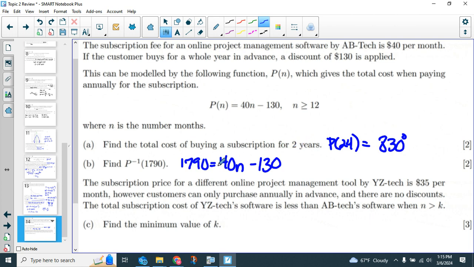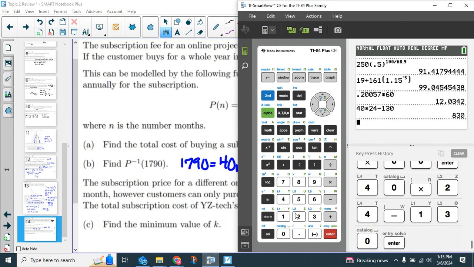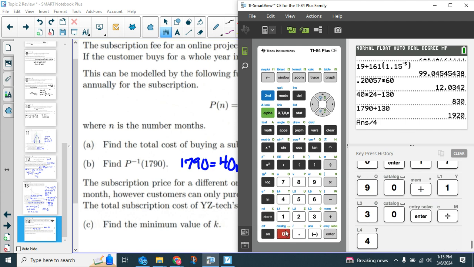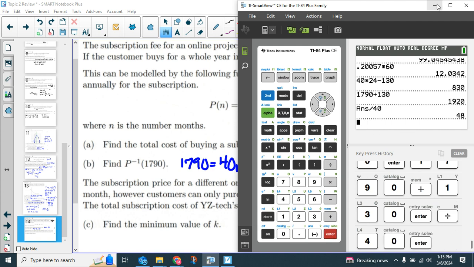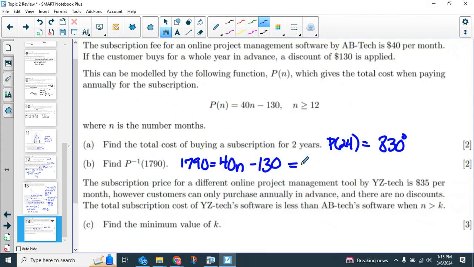If we add 130 and divide by 40, so 1790 plus 130, divided by 40, we get 48. So this whole thing here would equal 48.